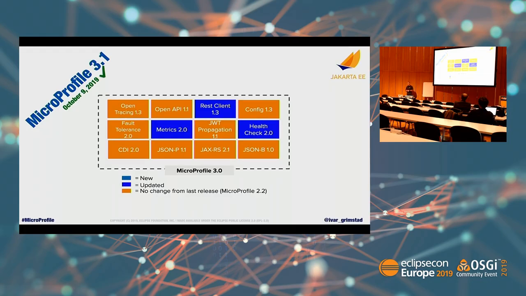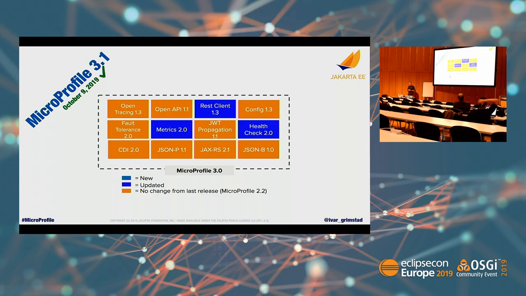It has support for metrics, so you can produce standard metrics used, for example, by Prometheus to monitor your applications. It has support for JWT propagation, so you can have a JSON Web Token propagated from service to service with very little impact on your actual code. You get pretty good support for it.